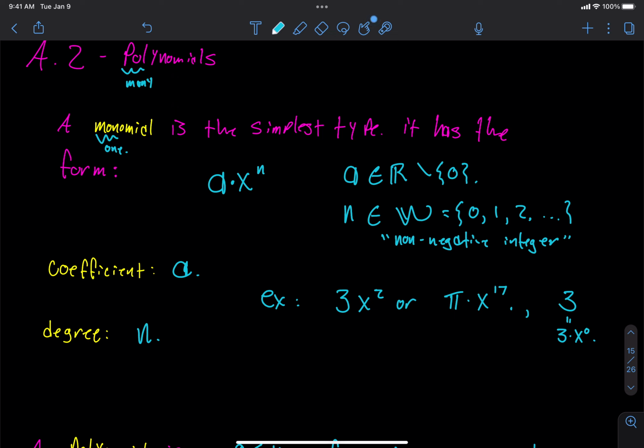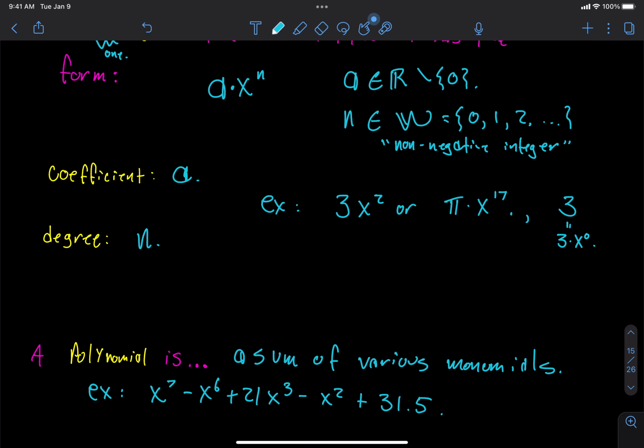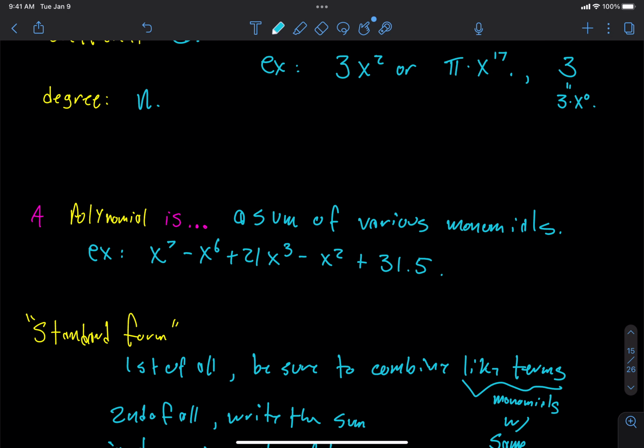Okay, so that was a monomial, and we said that a polynomial is just a sum of various monomials. We can take different powers of x and add them all together, or subtract them, and we get a polynomial. The only rule about polynomials is the power on each term has to be a whole number, a non-negative integer.